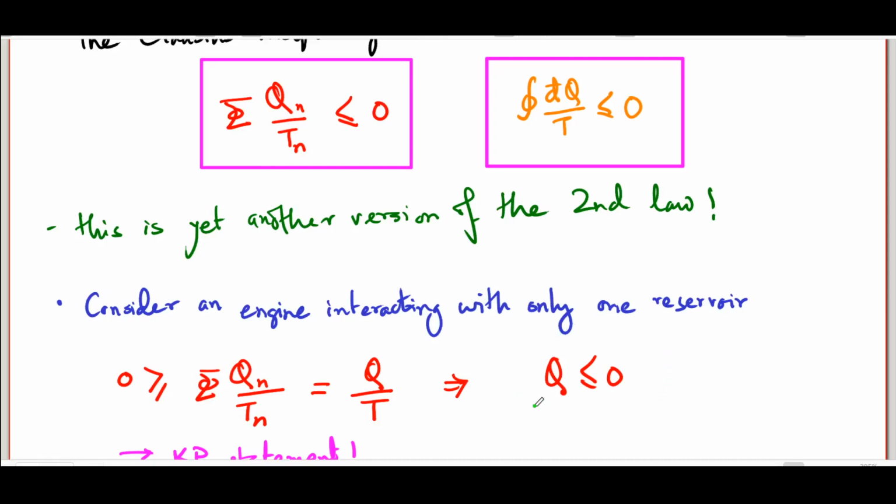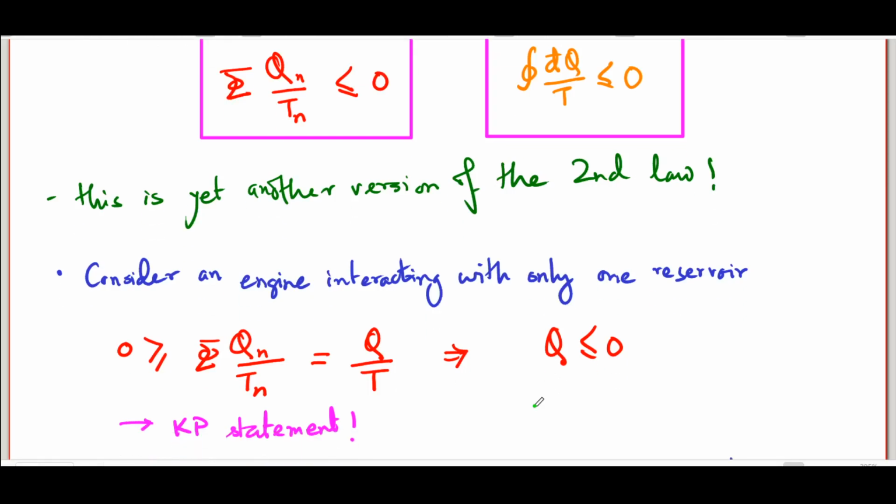So if you have an engine which interacts with only one reservoir, the only thing that is possible for the engine to do is to take a negative amount of heat from that reservoir. In other words, it's possible for that engine to convert work, a negative amount of work, that is work done on the system, completely into heat, rejected to the reservoir. But it is impossible for it to take a positive amount of heat from the reservoir and convert that completely into work. This is nothing but the Kelvin-Planck statement of the second law.